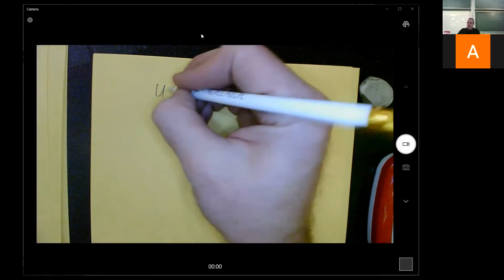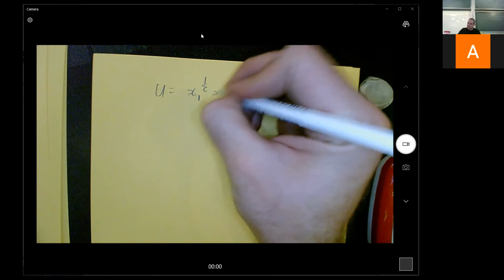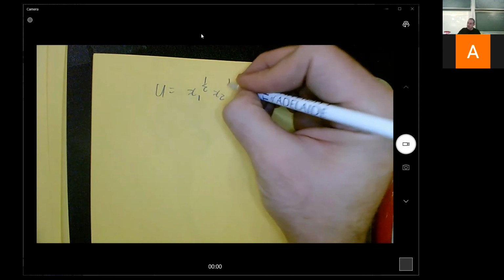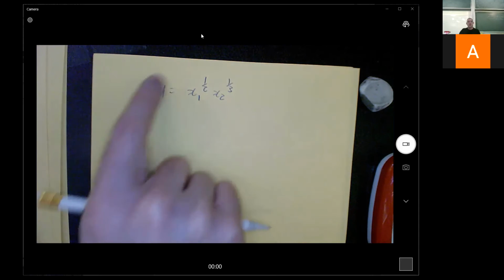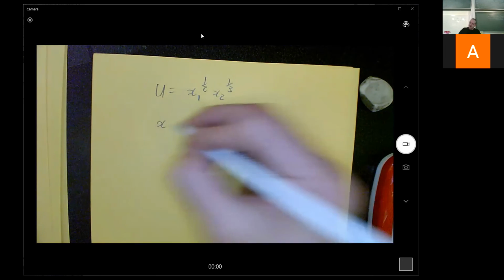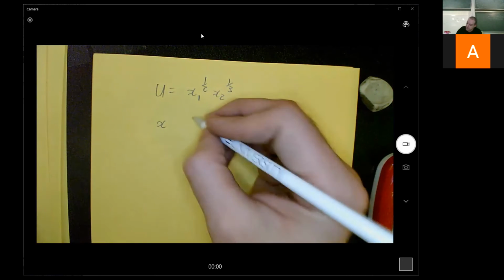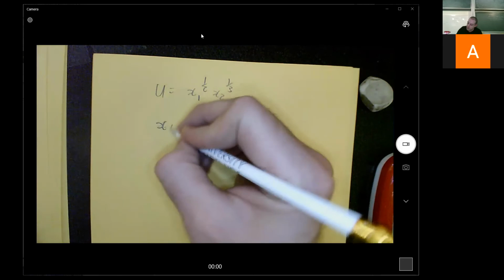So we had u equals x1 to the half, was it? x2 to the third. So if I pretend u is a constant and rearrange this, I'm just going to write it this way around.